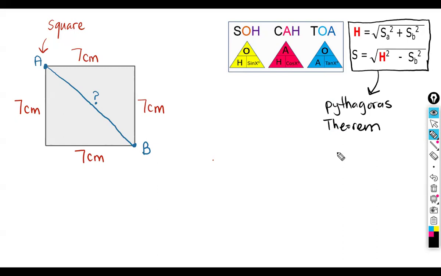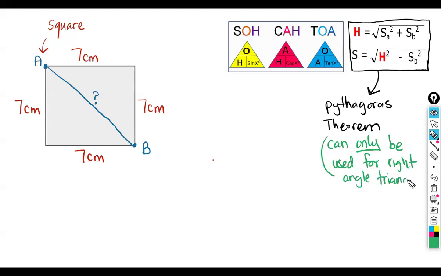Pythagoras theorem can only be used for right angle triangles. I'm going to write it here. If you look back in the notes, you will see that. It can only be used for right angle triangles. It cannot be used for any other type of triangle in the world.